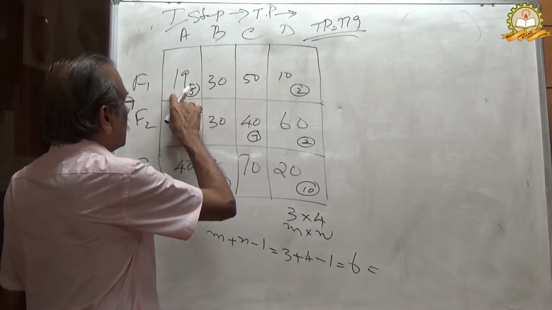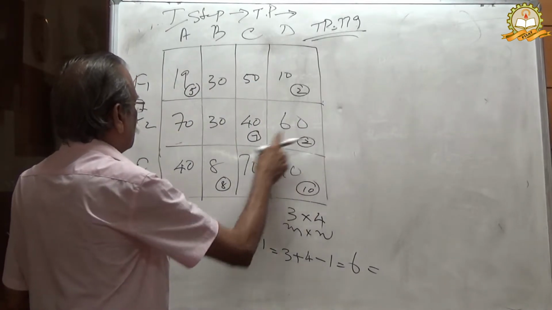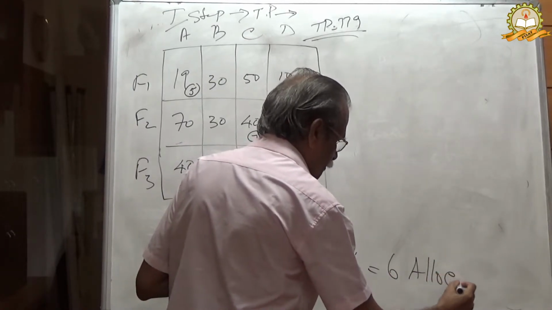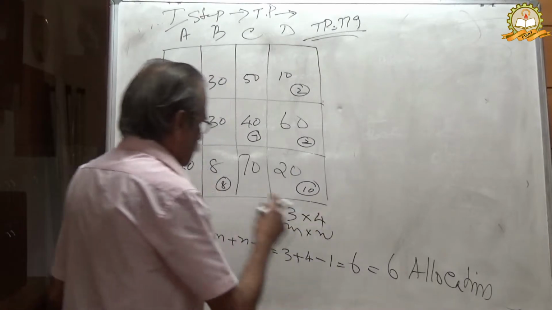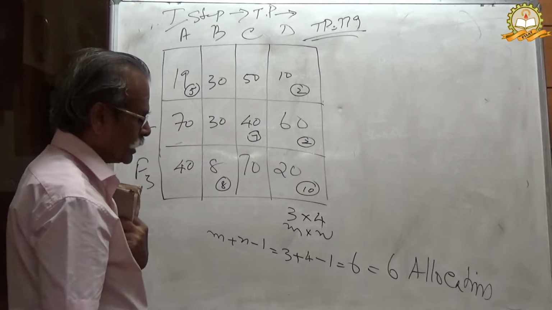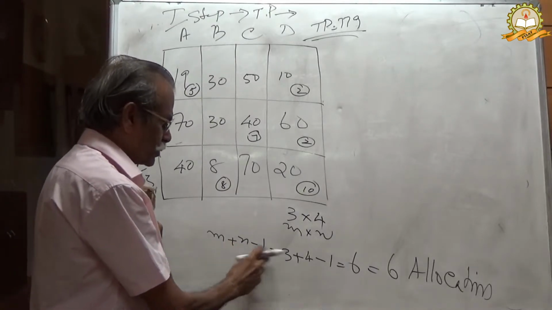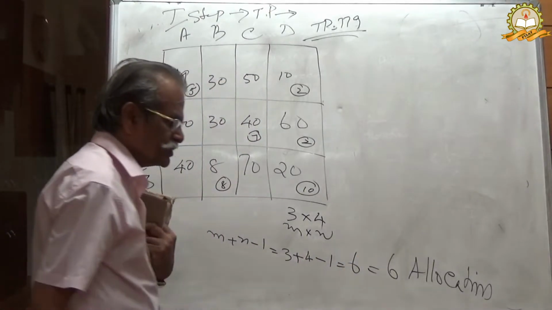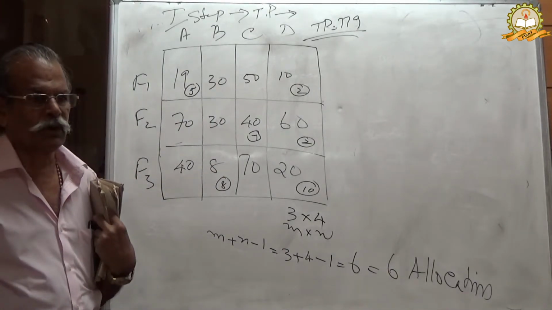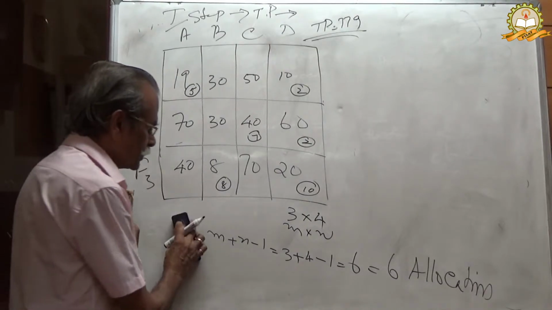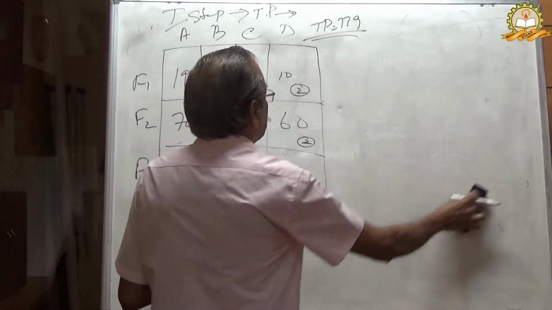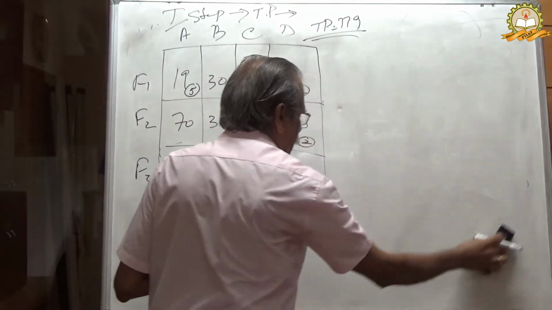You can just see 1, 2, 3, 4, 5, 6 allocations obtained. Therefore, there is no degeneracy. Therefore, optimality can be tested.